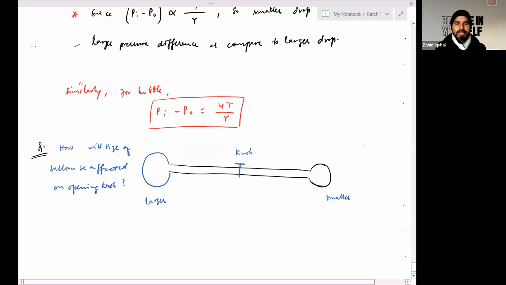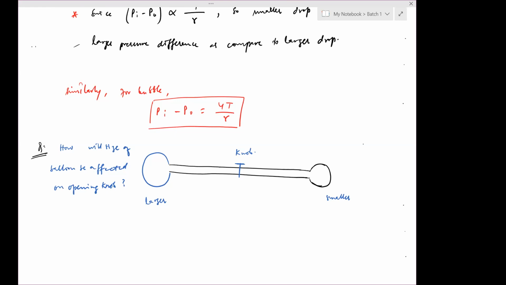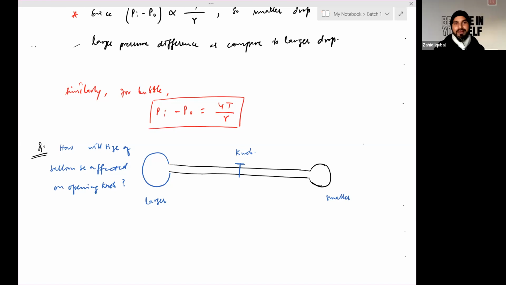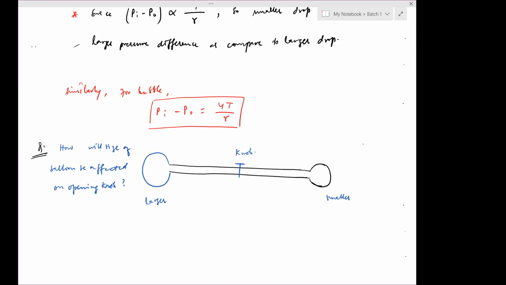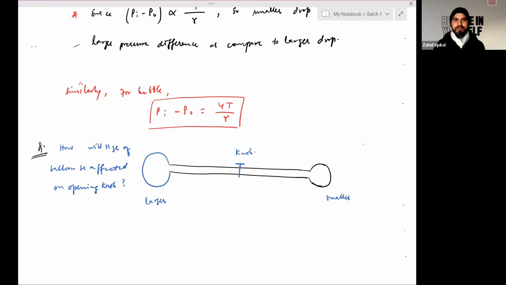Khalid, any guess what will happen? Will the size of the larger decrease and the smaller increase to attain the same size after some time? Yes, sir. Okay, good answer. Hiba, would you like to change your answer, or will you go with this?